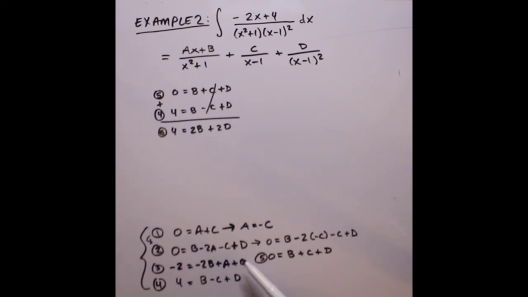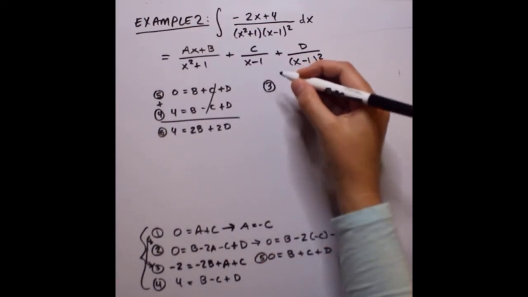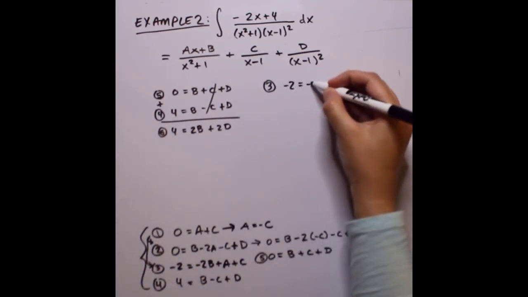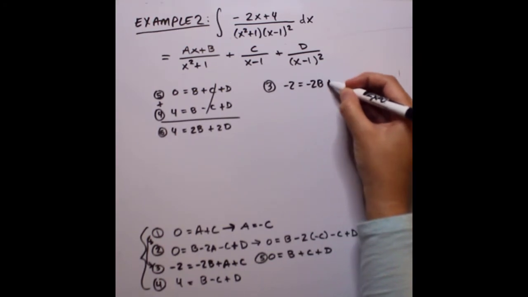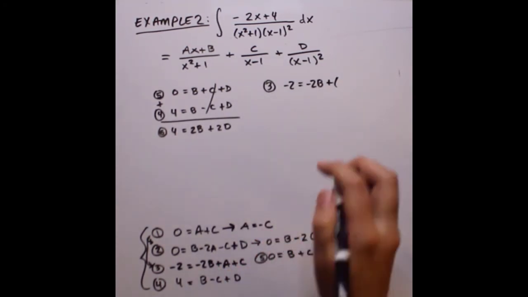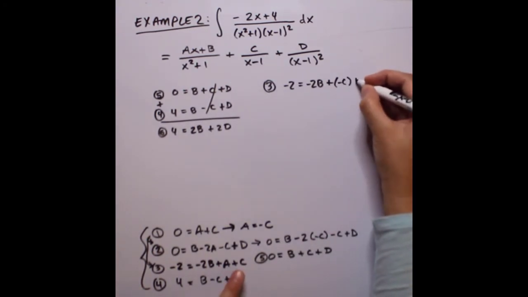So let's go back and use our modified version of equation 1 again, and substitute it into equation 3 this time, to see if we can get rid of the a in equation 3 as well. Modifying equation 3 by plugging in, we have negative 2 equals negative 2b plus a, and a is negative c from equation 1, so negative c, plus c.